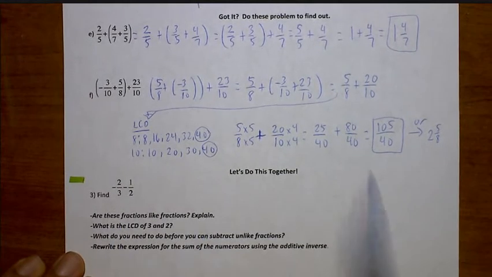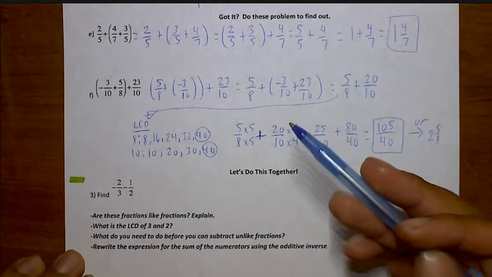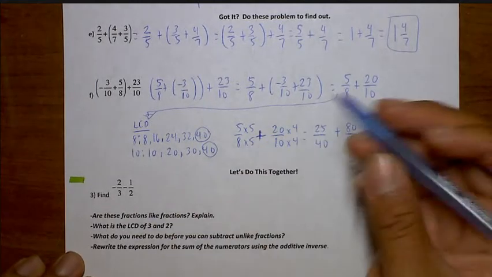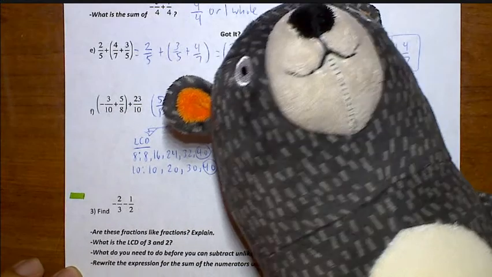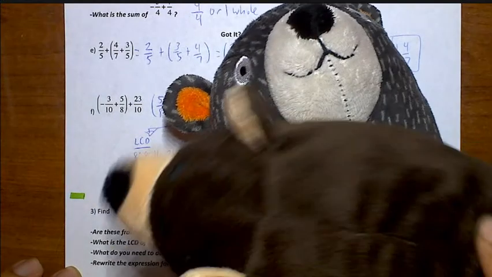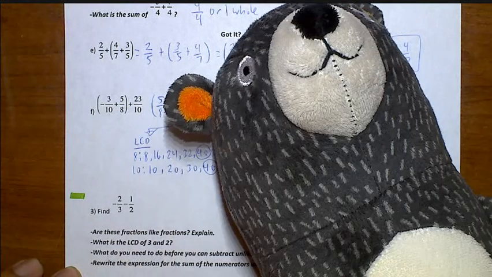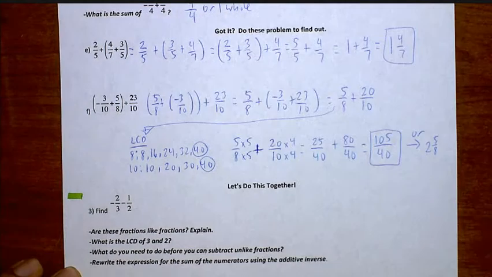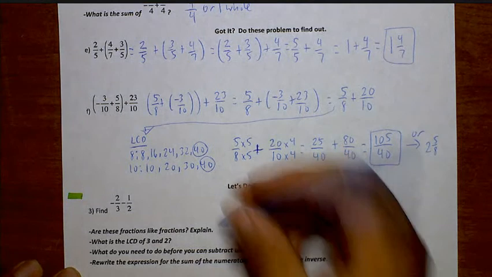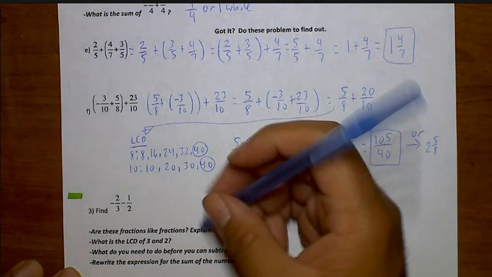Well, just like before, we find the LCD of both 3 and 2. Common multiples of 3 include 3 and 6. Common multiples of 2 include 2, 4, and 6. My LCD is, in fact, 6. So what do I need to do before I can subtract unlike fractions? And just like before, the answer is to rewrite each fraction using the LCD.